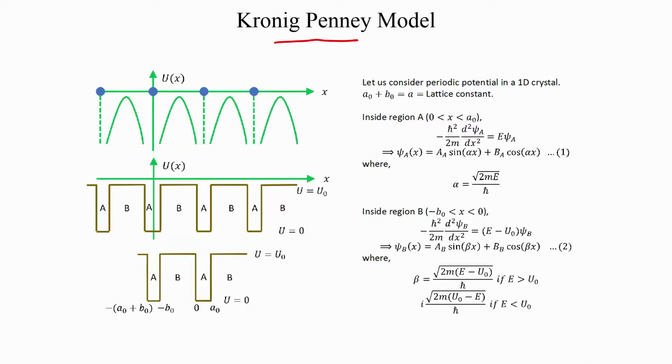To start off, our starting point is what we discussed: a linear, one-dimensional periodic arrangement of atoms. These are the locations of all these atoms, and therefore you have a potential profile that looks like these green curves shown here.